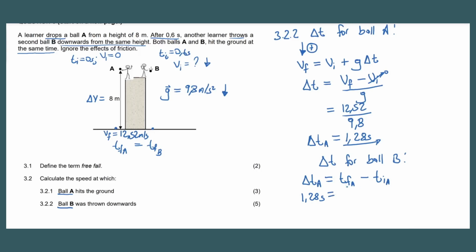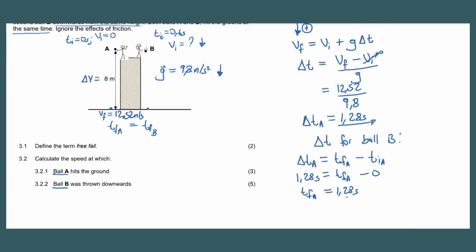We do not know what the final time is when it reaches the ground, but we do know that the initial time for ball A was 0 seconds. And so therefore, the time final for ball A is equal to 1.28 seconds.